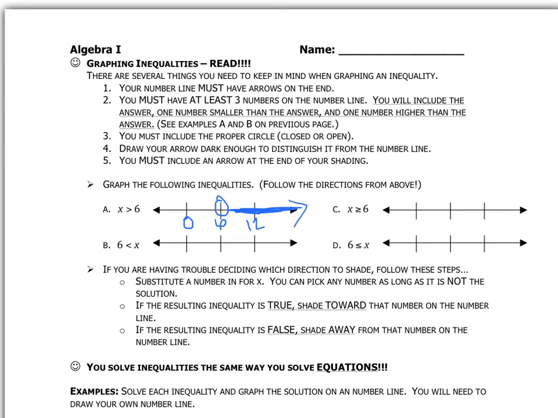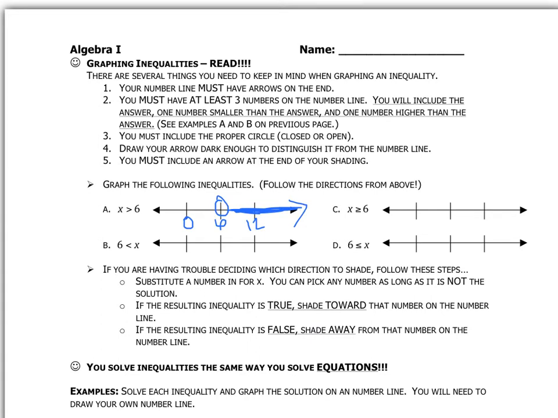And if you go through all of the checklists, you'll see I have a number less than, which is 0. I have a number more than, which is 12. I made my line thick enough, and I drew an arrow on the end. So that is the criteria. B. B is flipped around, but it says exactly the same thing.